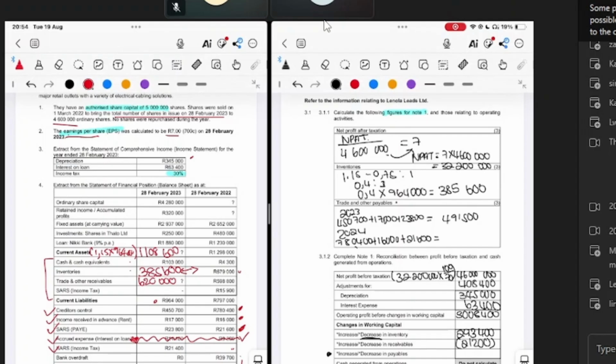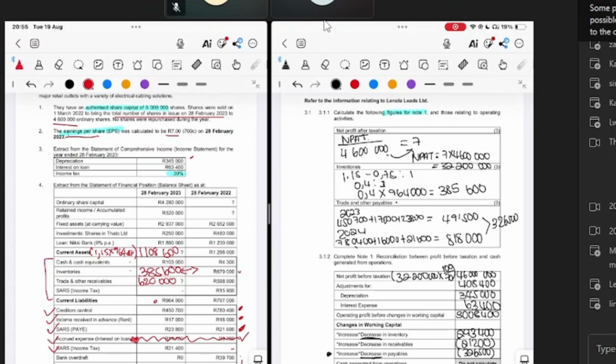That gives us a total amount of 818,000. The difference between those two, we decreased our trade payables. That means it was a cash outflow because we have paid. That amount was 818,000 minus 491,500, which gives us 326,500. It's a negative because we made a payment.